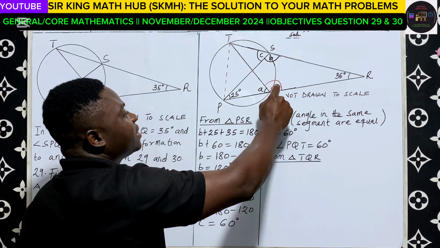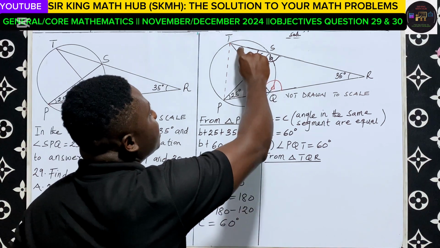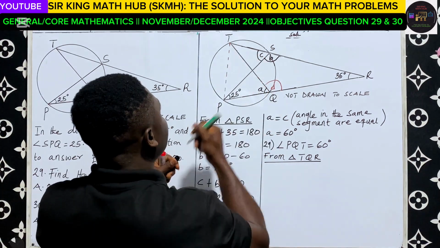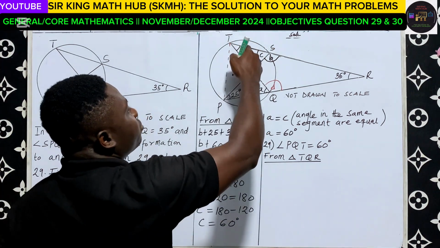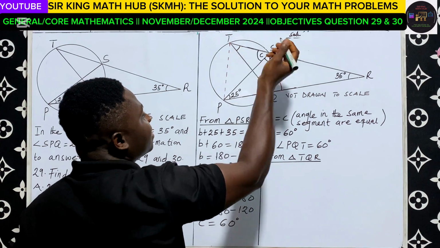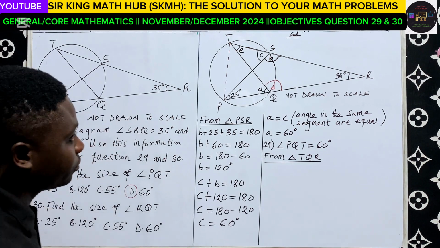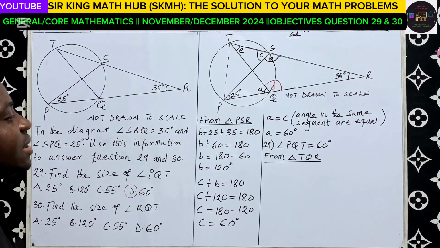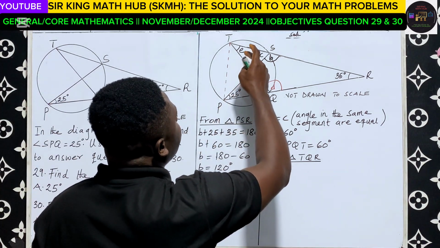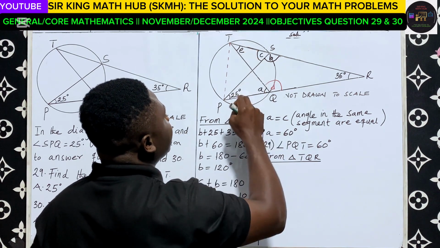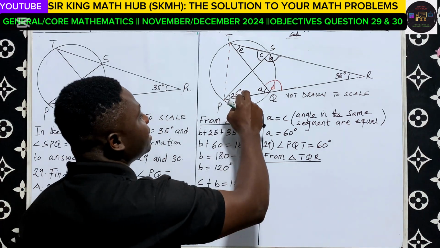We have represented angle RQT as D. We need the measure of this other angle, so I'm representing this angle as E. But what is the relationship between angle E and angle P, the angle of 25 degrees?